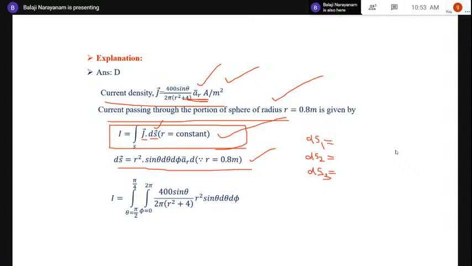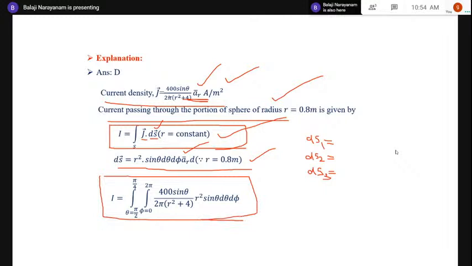Reason being, AR bar dot producted with A theta, and AR bar dot producted with A phi, is going to become 0, but only the dot product with AR bar itself does exist, right? And hence you need to take the ds bar along the radial direction.